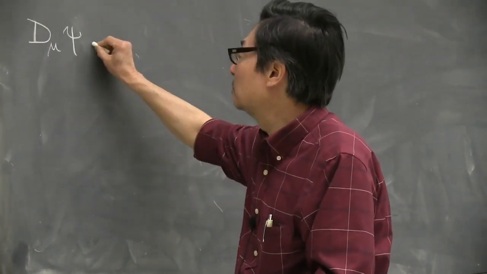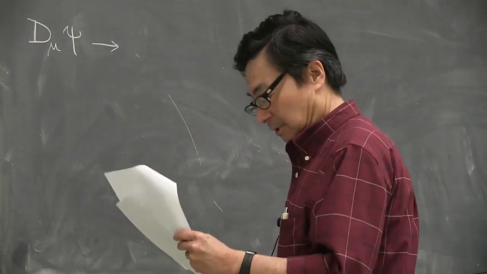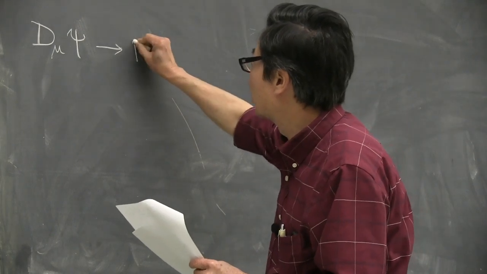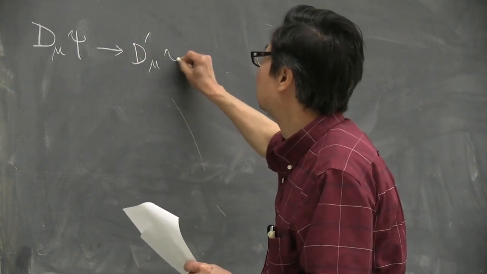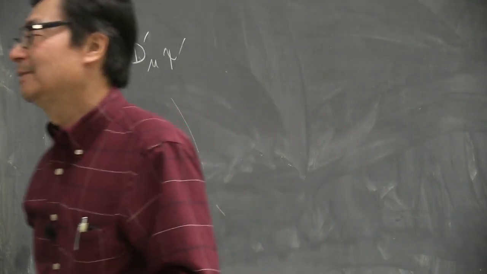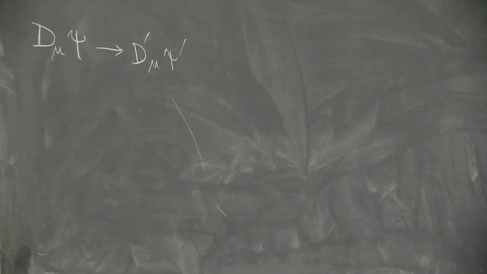Under a gauge change, this is going to appear as D'_mu psi', because the covariant derivative changes also to something involving the new vector potential. So what we want to see is how D' psi' is related to the old D psi. In other words, we're trying to see how the covariant derivative changes under gauge transformation.